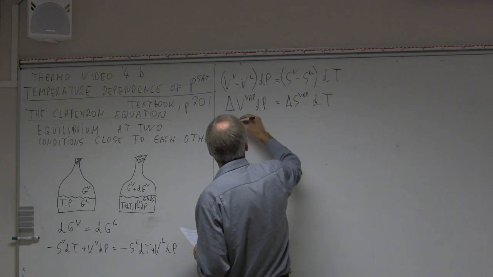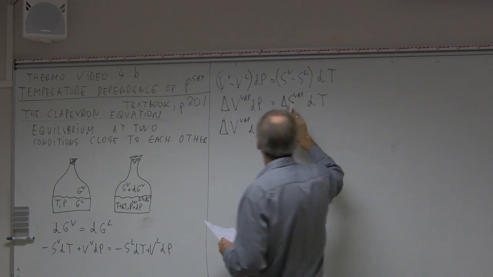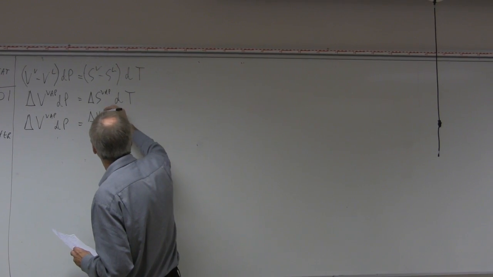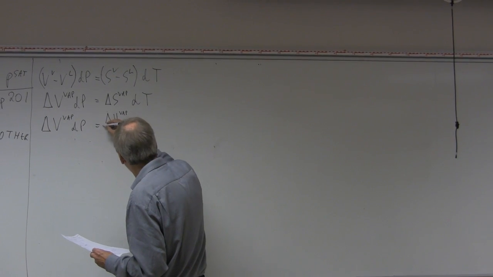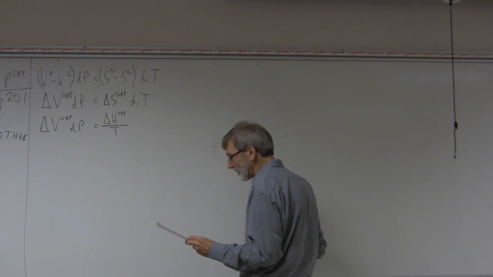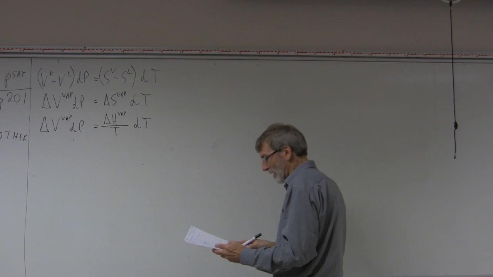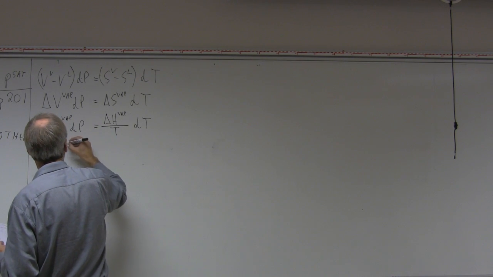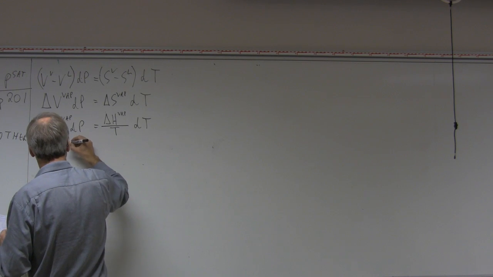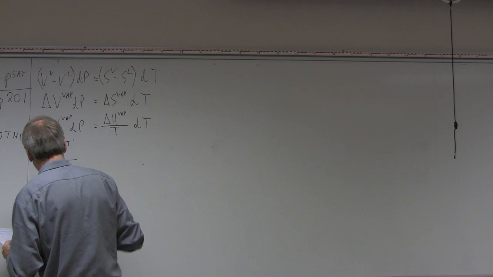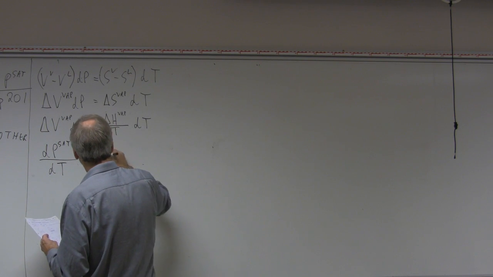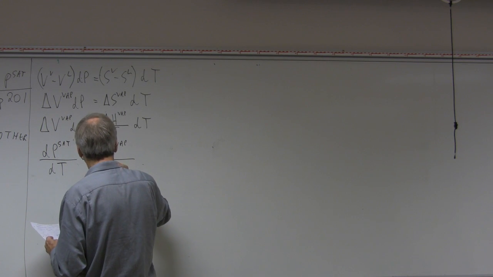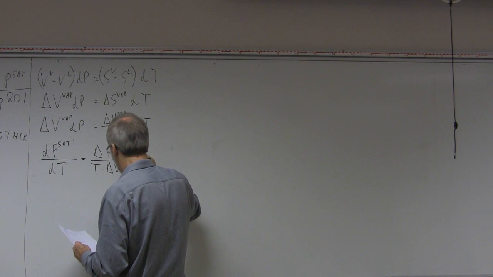And the change in entropy of vaporization is the change of enthalpy divided by T. And then if we rearrange this, we have the change in the saturation pressure with T must be equal to delta H of vaporization divided by T and delta V of vaporization.